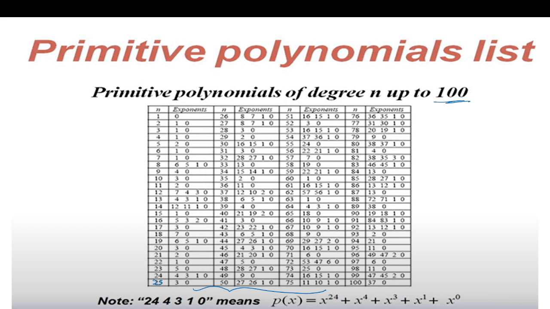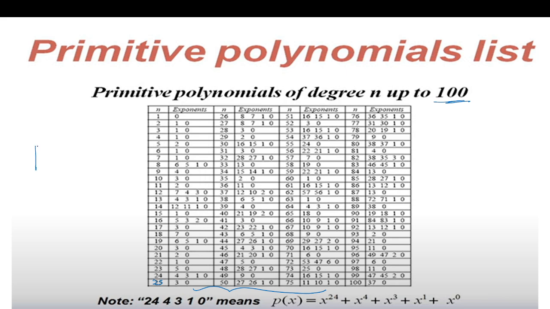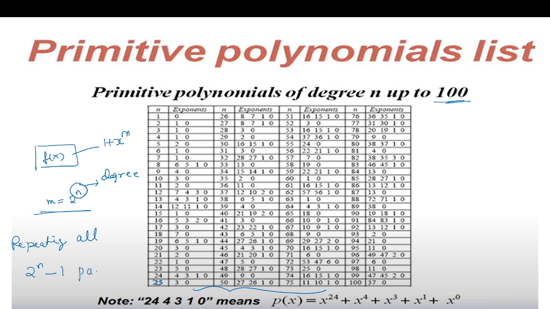This will generate all the patterns except 0, 0, 0. If f of x is a function, the polynomial is something like 1 plus x power m, where m is 2 to the power n minus 1, where n is the degree. That means it will repeat all 2 to the power n minus 1 patterns.